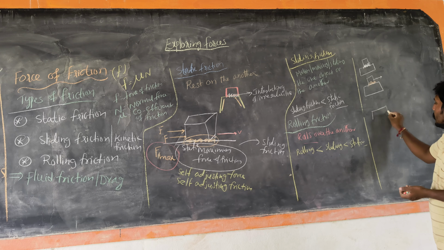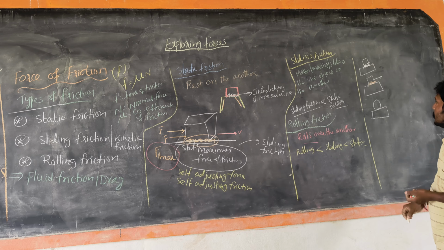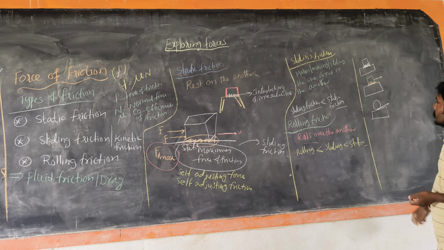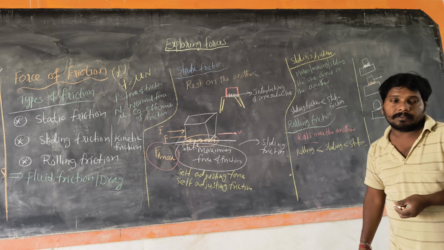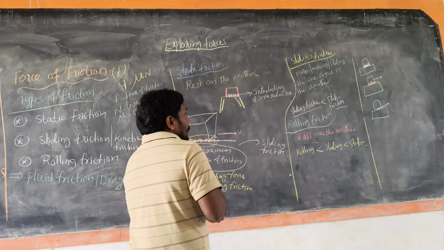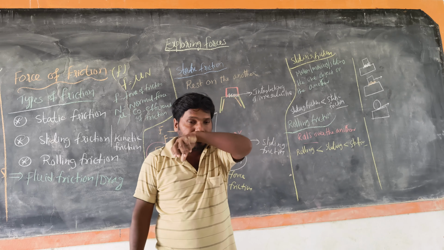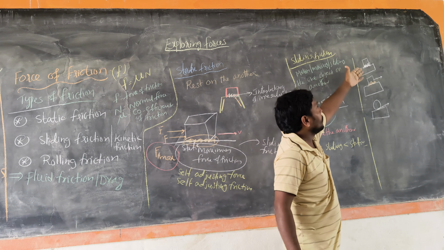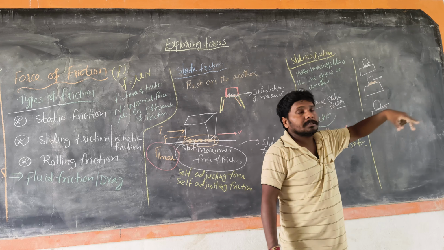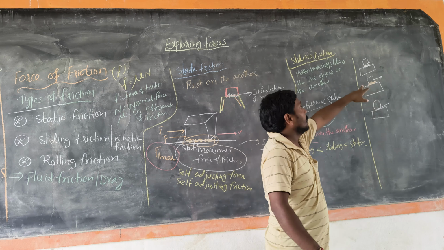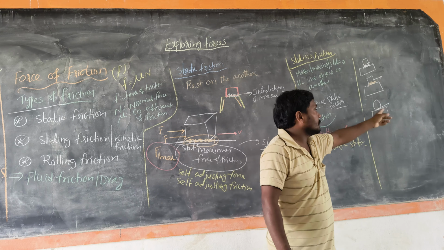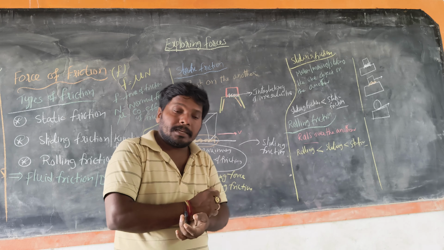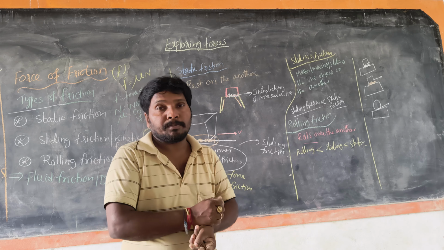If the object rolls over another one, the interlocking between the two objects is very less because of the contact between the two surfaces. The contact between the two surfaces is maximum in the case of static friction. If the object moves or slides on the other one, the interlocking becomes less. Whereas in the case of rolling, very little interlocking of irregularities takes place.